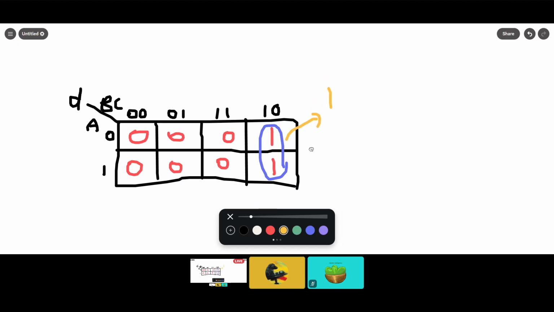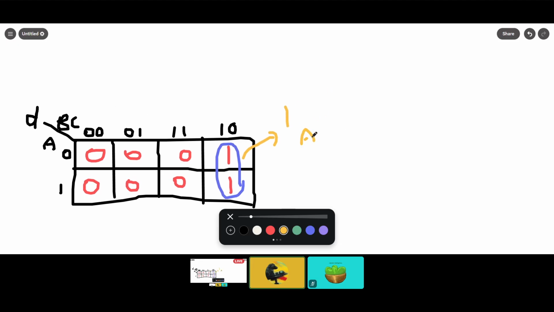So the cases would be, we will have to look back at the variables. So A would have to be 0, B would have to be 1, and C would have to be 0.